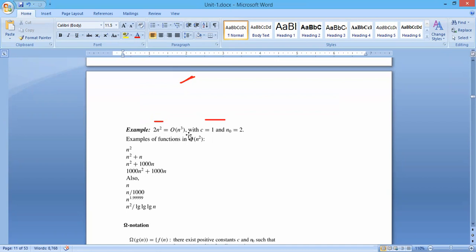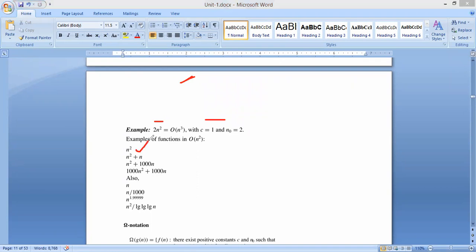Now how can we evaluate this? Here we have n square, we can make it like n square plus n.